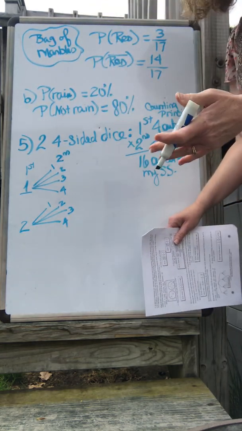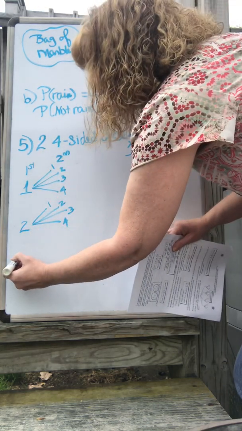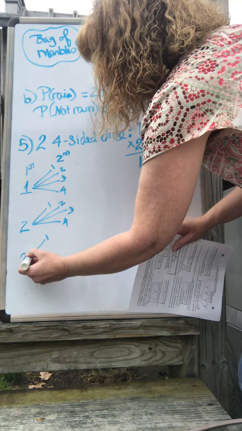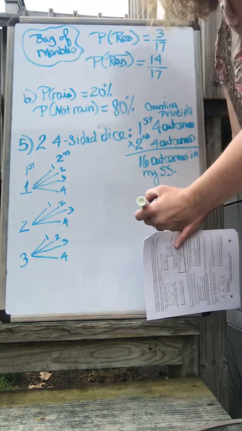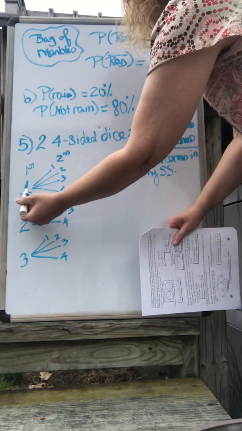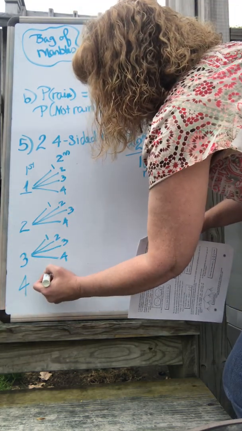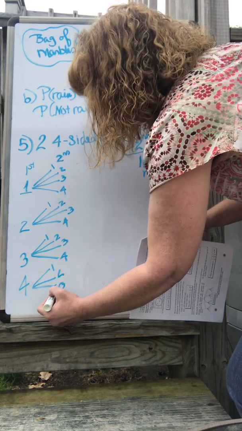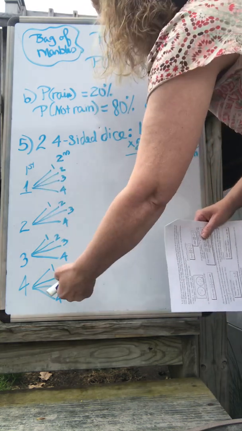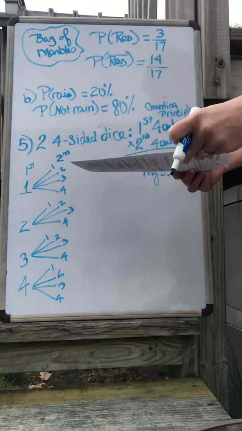Then I logically say, well, I didn't get a 1 or a 2. I actually rolled a 3. That means I could have gotten a 1, a 2, a 3, or a 4. And then lastly, if I did not get a 1, 2, or 3, that means I rolled a 4, followed by a 1, a 2, a 3, or a 4. That makes 16 branches. That is my full sample space written as a tree.